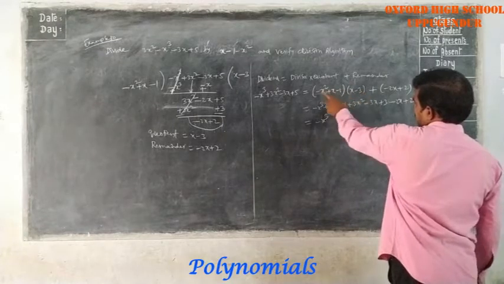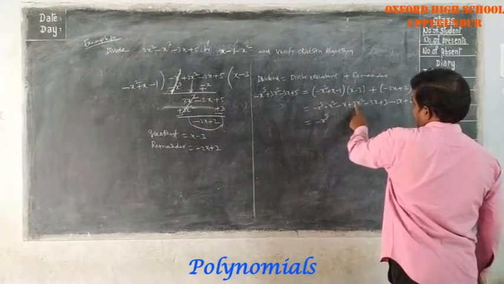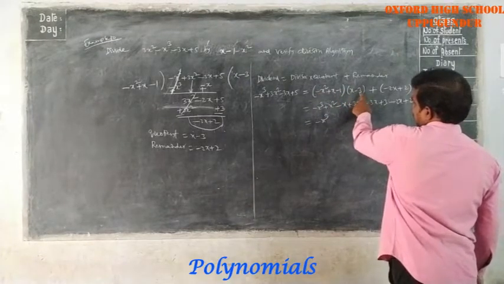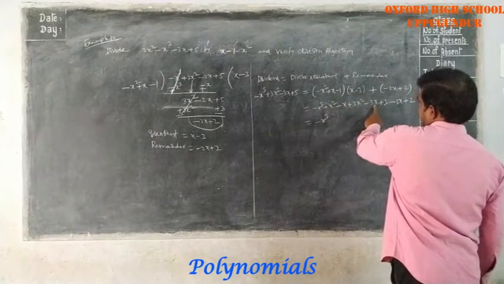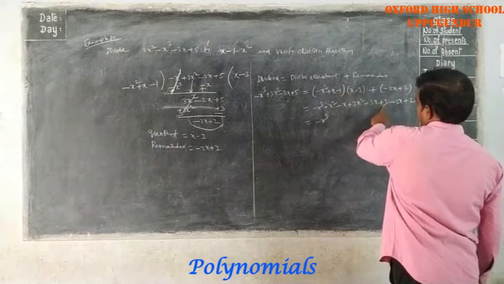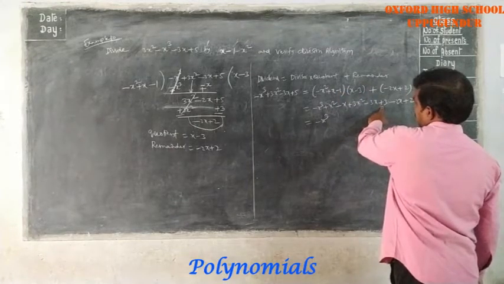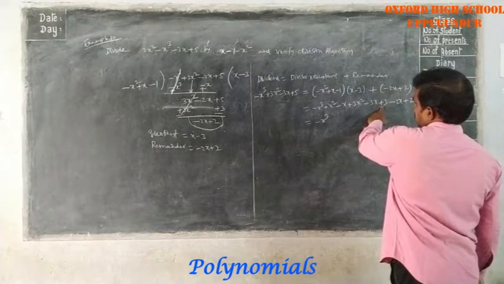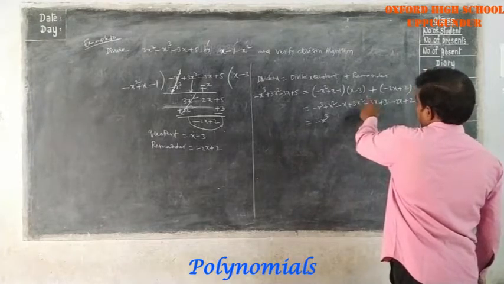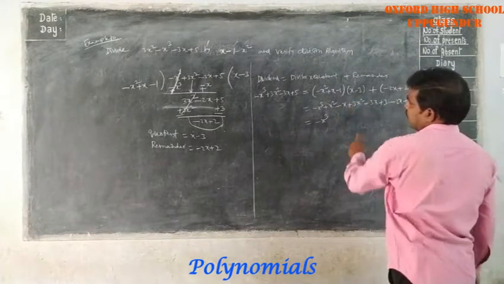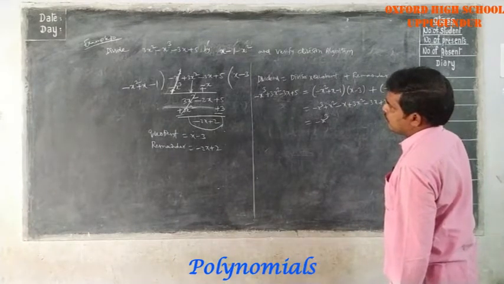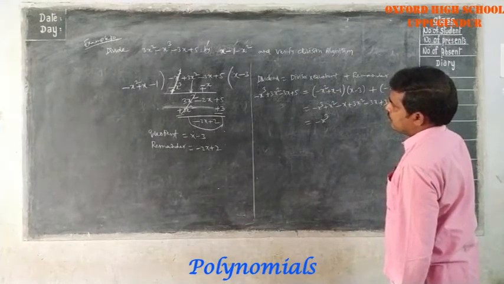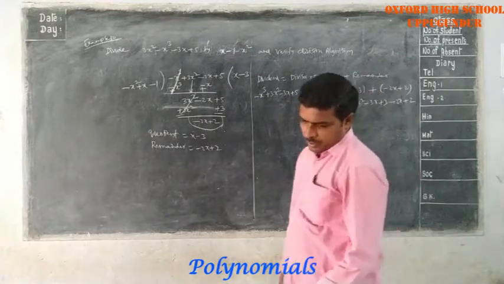Similarly minus 3 into minus x square is plus 3x square, minus 3 into plus x is minus 3x, minus 3 into minus 1 is plus 3. What is the dividend here?